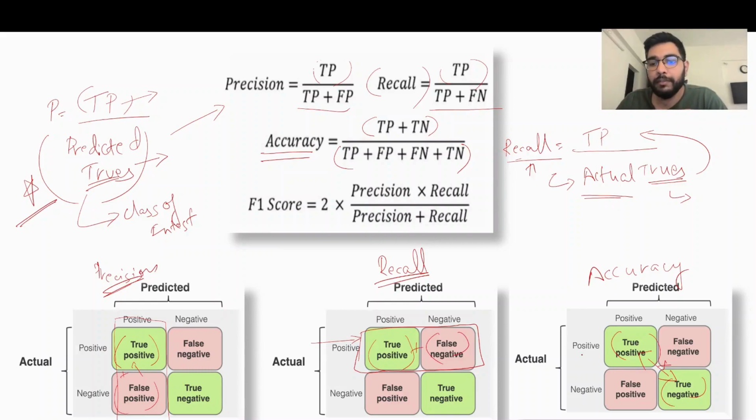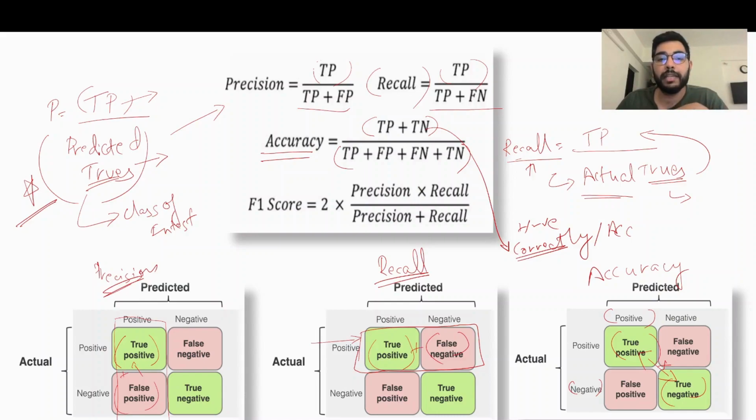True positive means the actual was positive and the predicted class is also positive. True negative means the actual class was negative and the predicted class was also negative. That means the numerator says that both the positive and negative classes have been correctly, or accurately, predicted by the model.